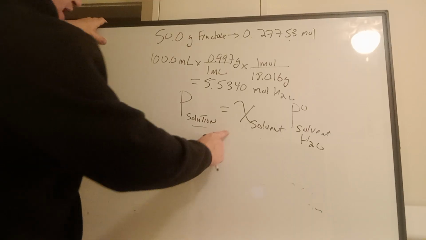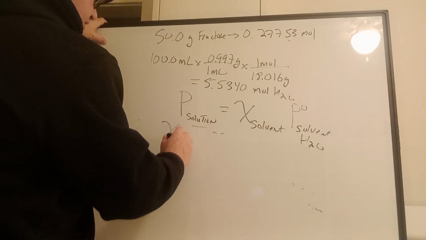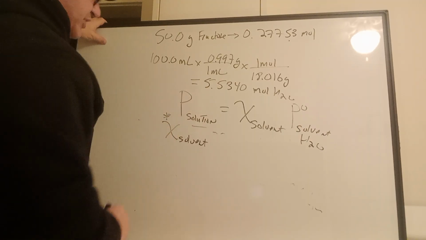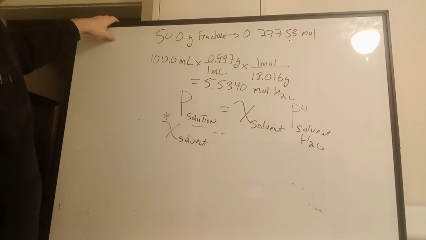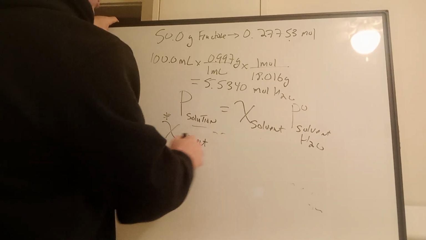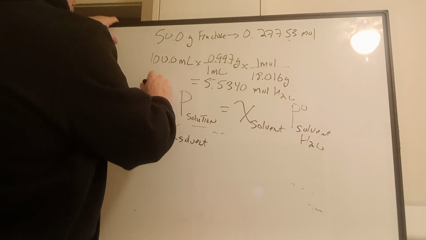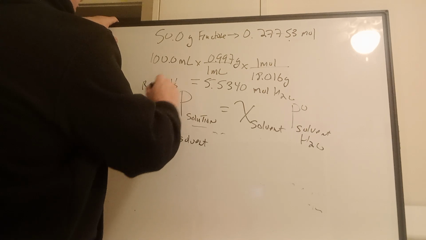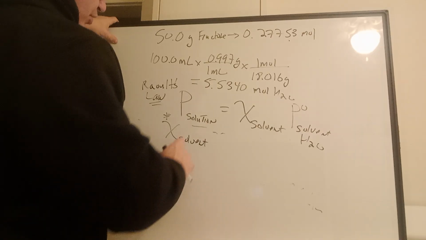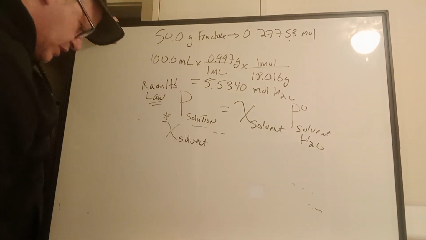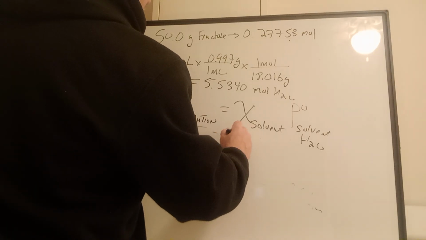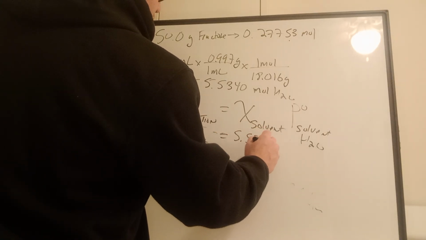So one of the things we can calculate is the mole fraction of the solvent. Now here is a point where people make a lot of mistakes. For some reason people want to put here the mole fraction of the solute. It's the mole fraction of the solvent when you're using Raoult's law. So this is called Raoult's law, you can look it up. So the mole fraction of the solvent, you put the 5.340 on the top.